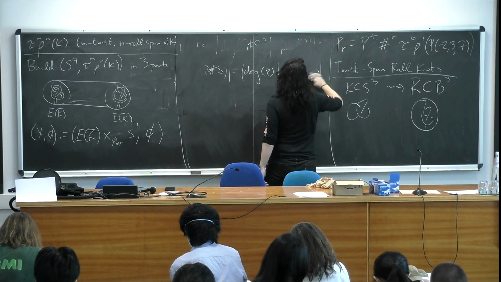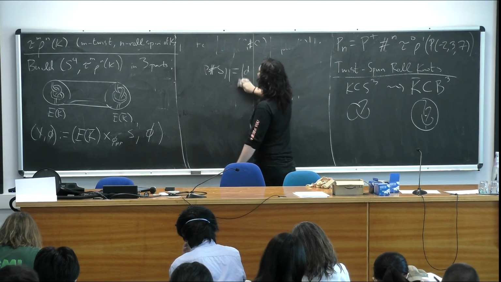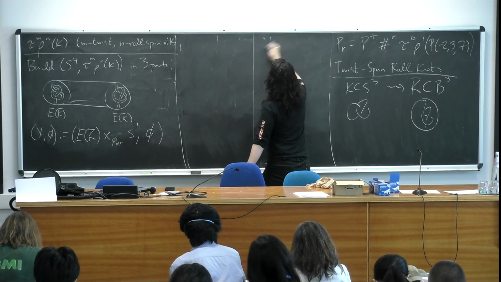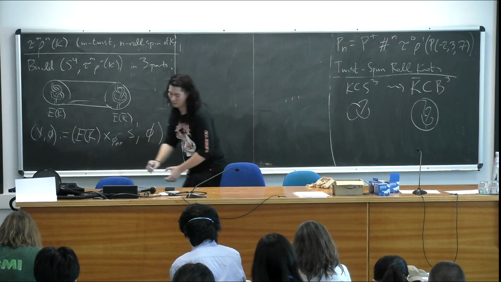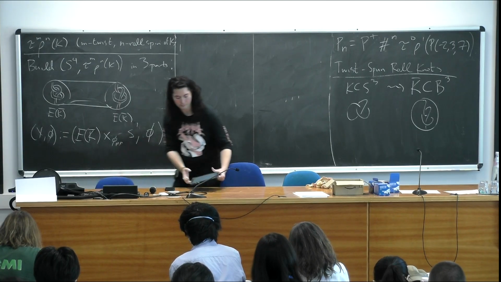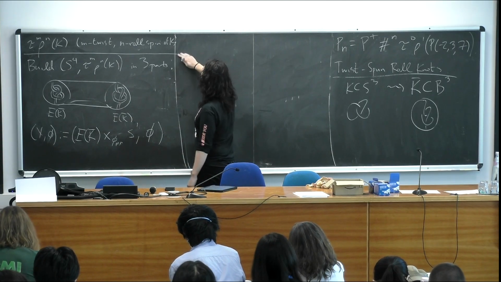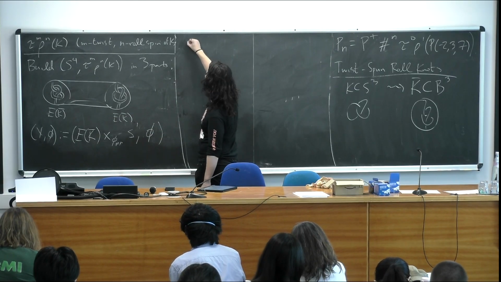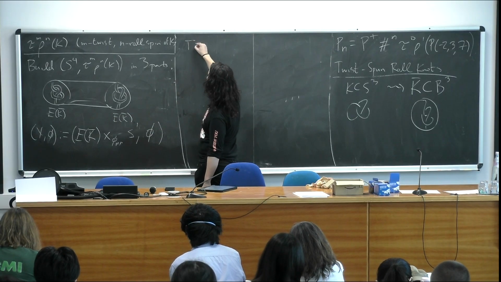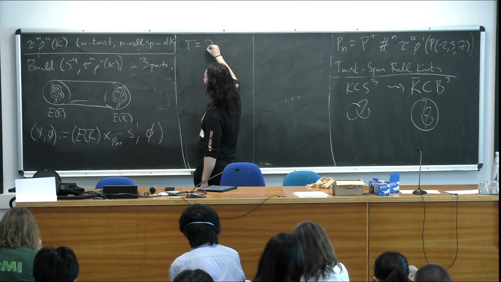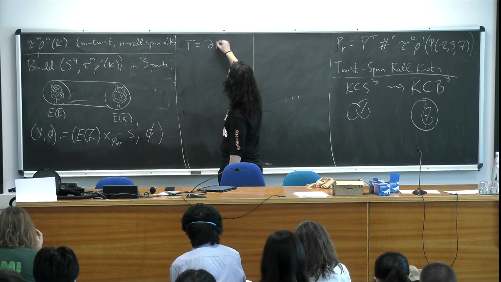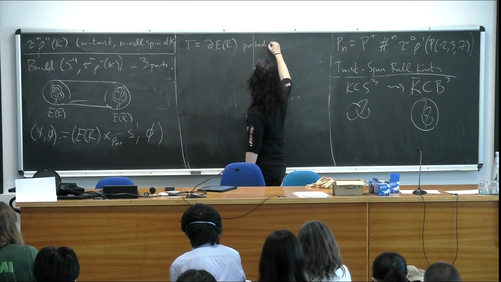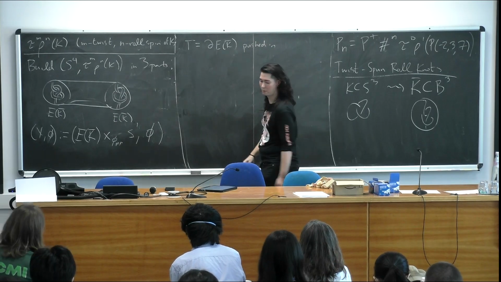So let me define this phi mn. Great. So X is this guy. So let T be equal to the boundary of EK bar, but pushed in. All right, so this is homeomorphic to a torus.